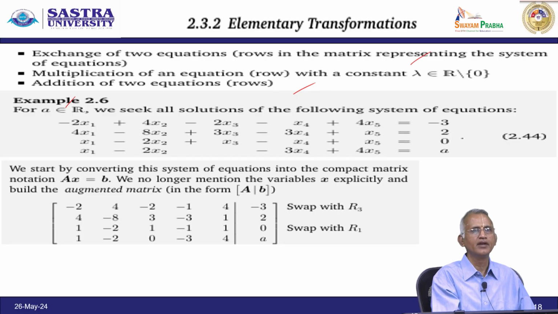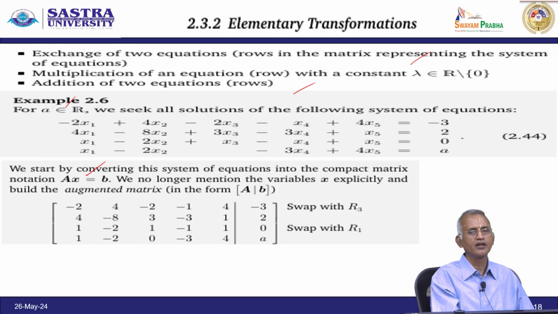We start by converting the system of equations into compact matrix notation Ax equal to b. We no longer mention the variables x explicitly and build the augmented matrix in the form [A | b], in the sense that the right hand side is also brought into the matrix. This is called an augmented matrix.